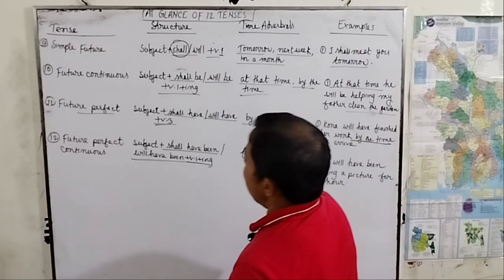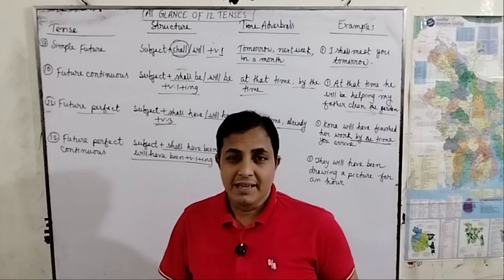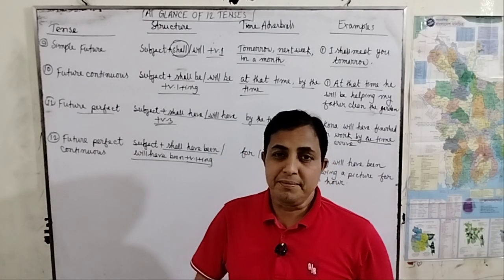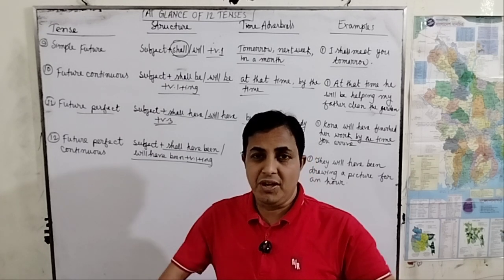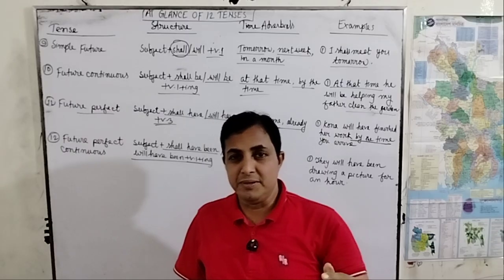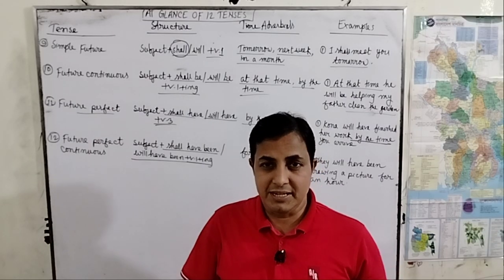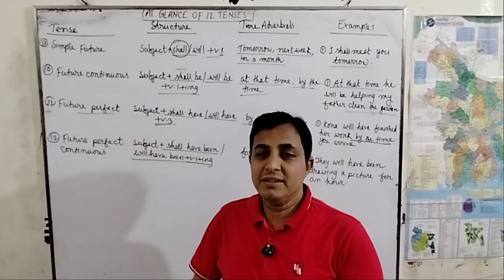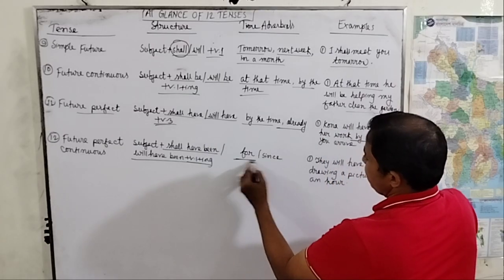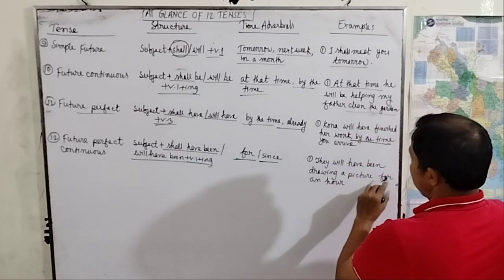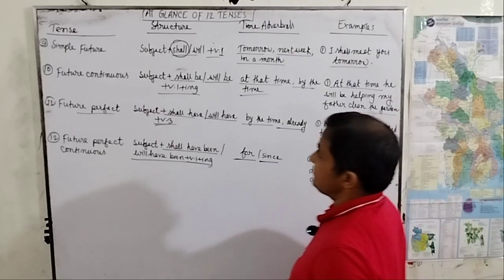In every future tense the auxiliary verb does not change, but you have to use the same rules. After first person, you have to take shall. After other persons, you have to take will. And the adverbial for or since: they will have been drawing a picture for an hour.